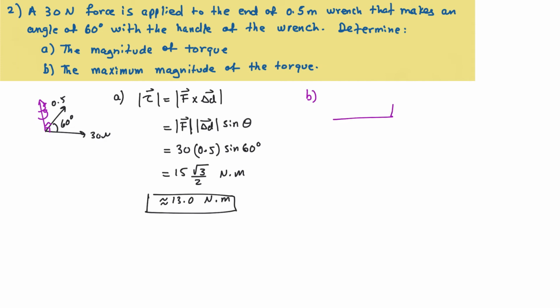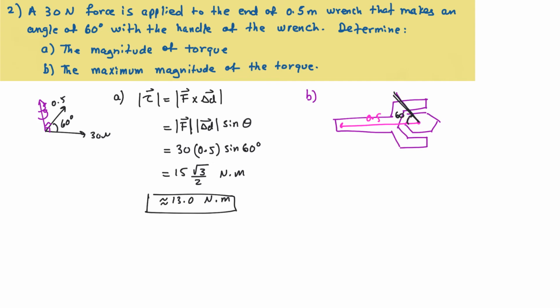So if we have our wrench over here, and we are trying to make a rotation, let's say the displacement here is 0.5, and the force that we're putting on it makes an angle of 60 degrees. So that would be this angle over here, 60.